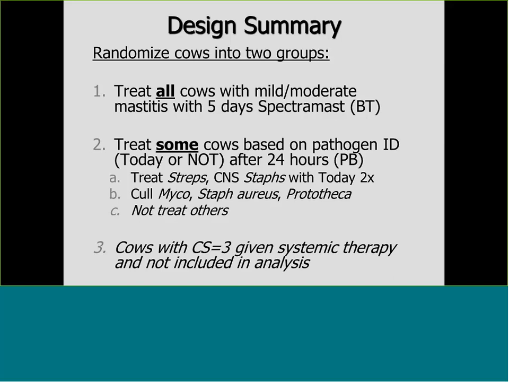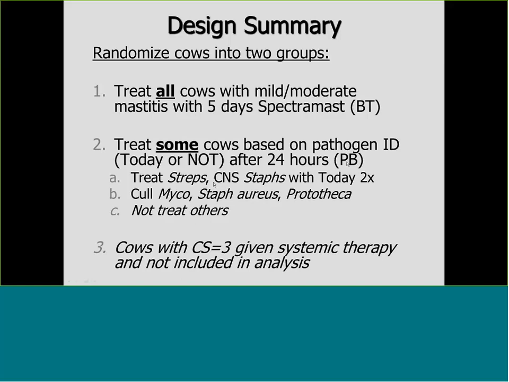If she was in group 1, they would treat immediately with 5 days of Spectramast. If she was in group 2, we would wait to treat until we found out what the pathogen was, okay?